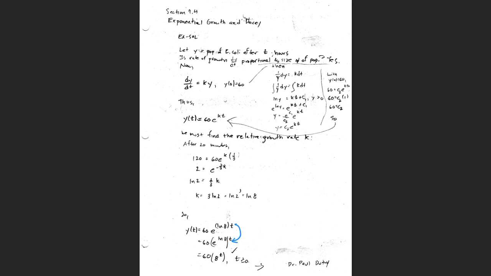You're a little uncomfortable with that? Below that. Oh, here. Okay. I tell you what, let me write over here. So y of t is 60 times e to the natural log of 8 raised to the tth power. Try to make that a little nicer here.